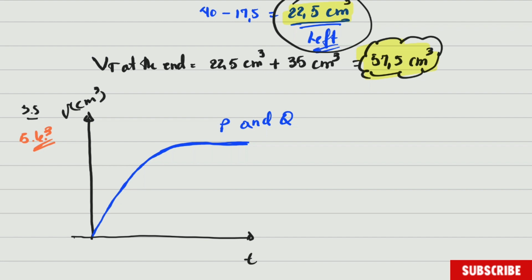Same amount of product, same everything. So this is going to be a higher gradient, which means it must be close to the y-axis, guys, but it must end up in the same point as before, because it's producing the same amount of gas. So this graph here is going to be the graph that they want us to call R.